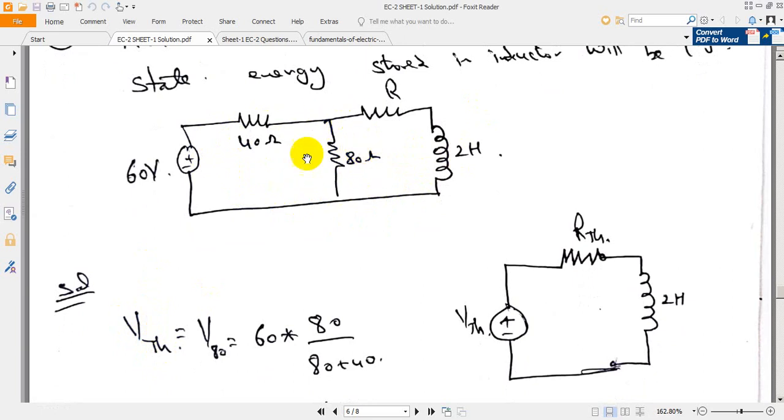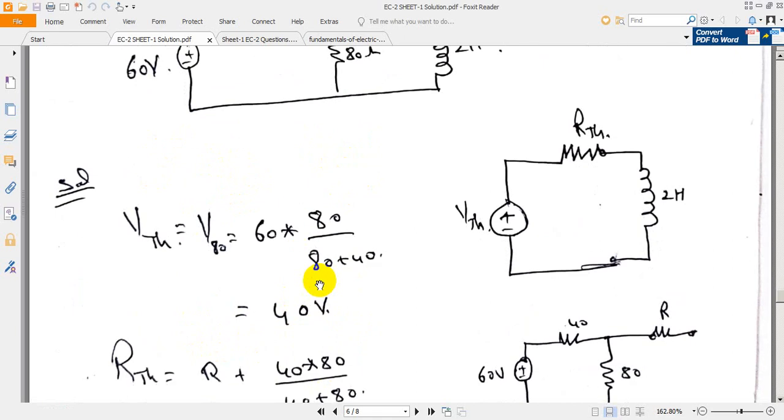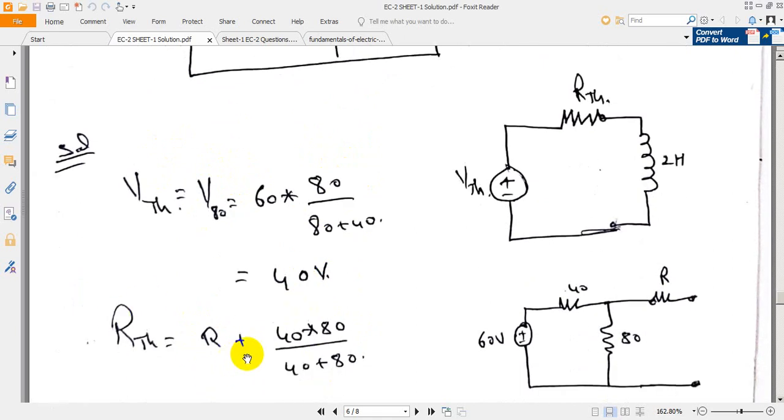When you remove this, whatever voltage is there will be your VThevenin. So the voltage across it is equal to the total voltage into the same resistance where we are applying, divided by total resistance, 80 plus 40. We got the voltage here.